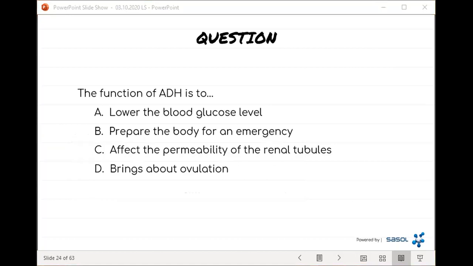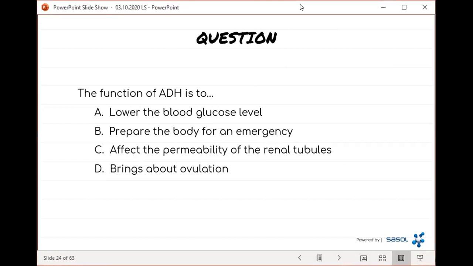So ADH is our antidiuretic hormone, and remember it is produced by the hypothalamus, but it is stored in the pituitary gland, and the target organ for ADH is the kidney.